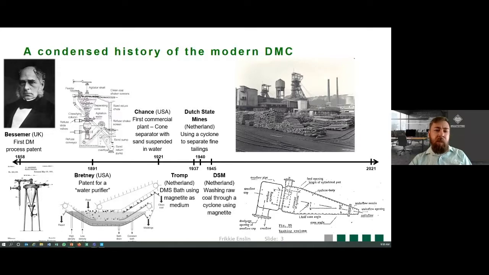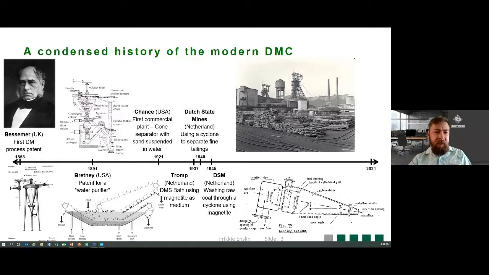And then there on top is one of the very earliest coal plants, which incorporated the use of dense medium cyclones in coal processing. So the main evolution with regards to dense medium cyclones in the past 30, 40 years was in terms of the inlet design, the size of the cyclone, and the materials of construction.